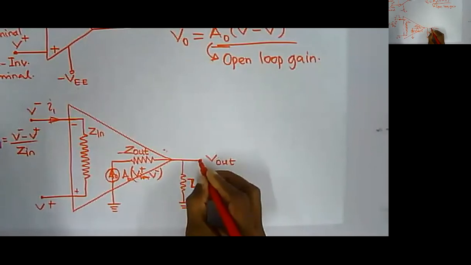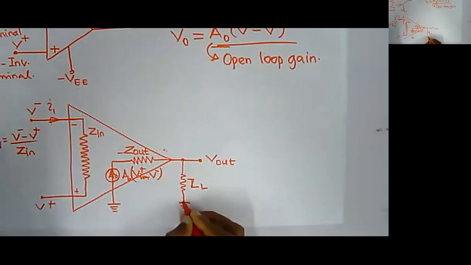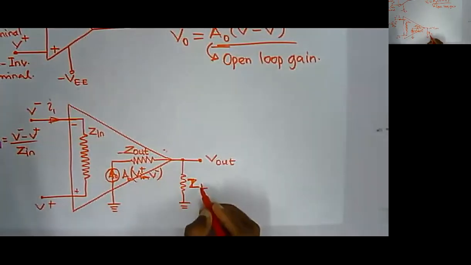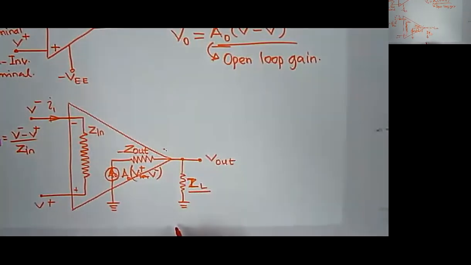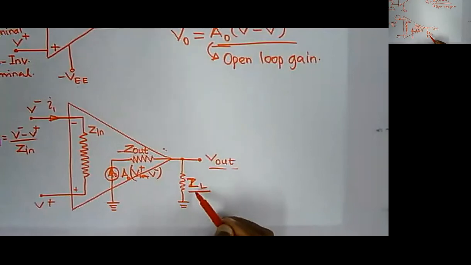So these two become a potential divider, and the V out, which is the voltage across ZL, always depends on the value of ZL. V out will change along with ZL.